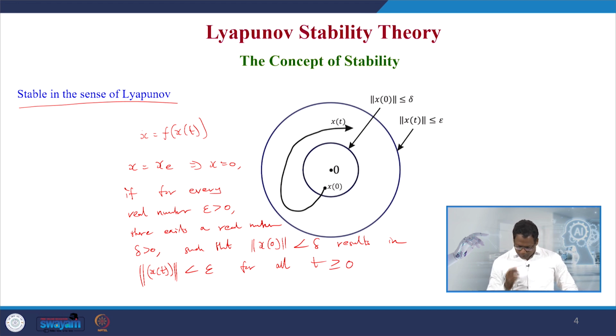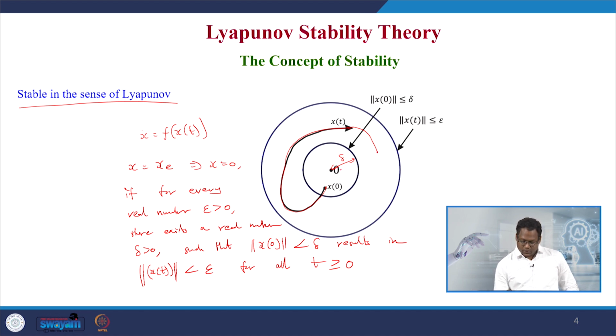That means, for any initial state x of 0 which is bounded by delta, which is the radius here, there exist real numbers delta and epsilon such that the bounded x of 0 will result in the trajectory x of t staying within the stated boundary epsilon for all t.